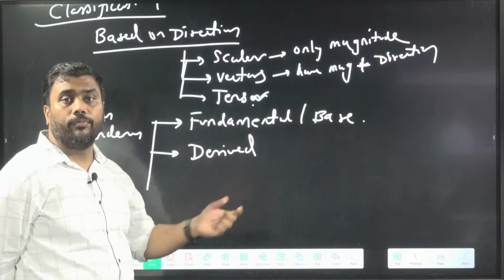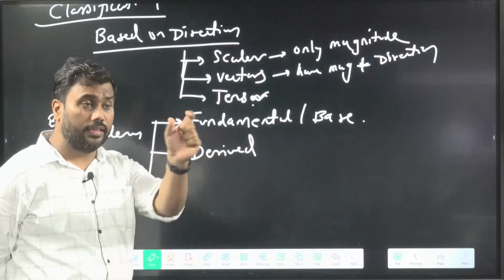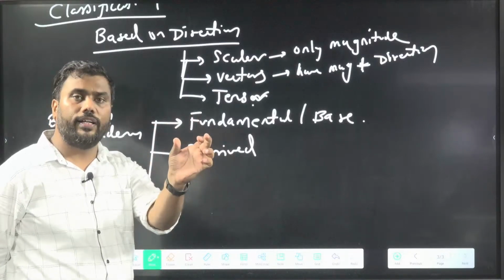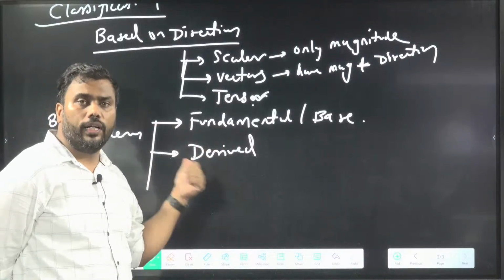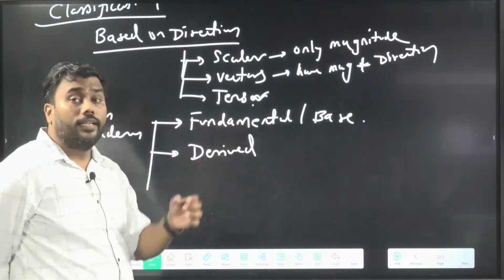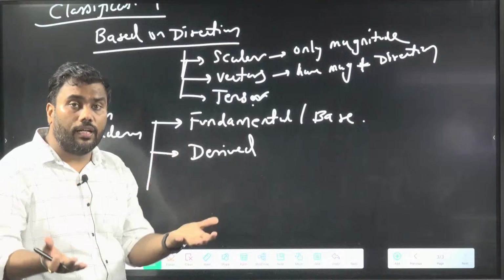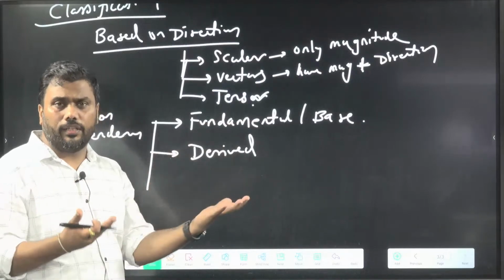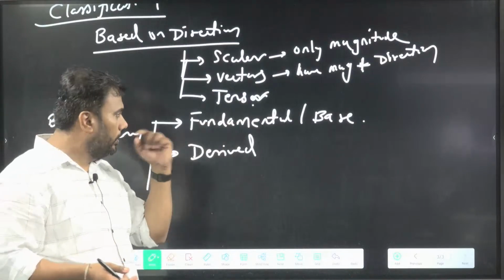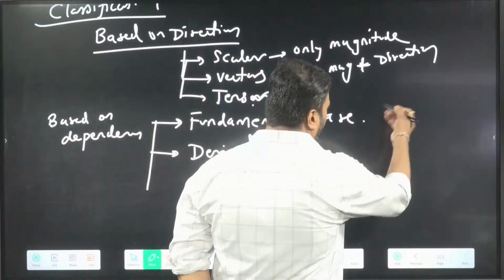Examples of derived are like speed. Speed is distance upon time. If you define distance, if you define time, you can define speed. But distance and time, these are fundamental. You cannot define time in terms of others. So there are many examples.